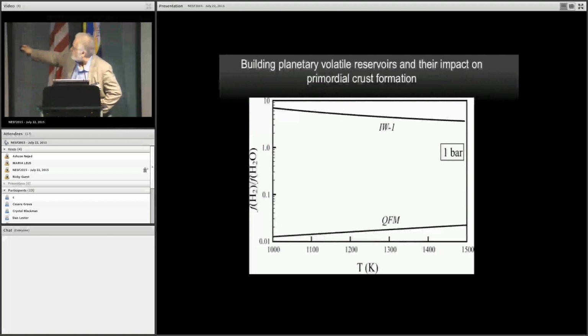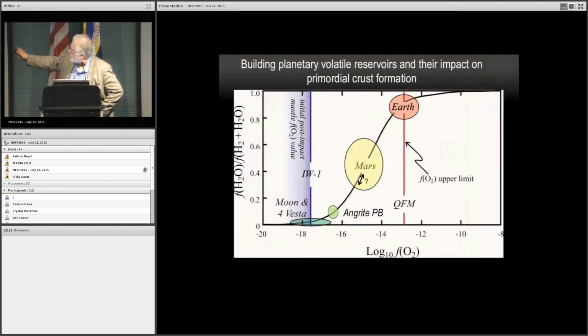However, at a more reducing oxygen fugacity, very similar to the Moon, at iron-wüstite -1, that ratio is dominated by H2. Very, very important, because both species will impact melting and crystallization significantly.